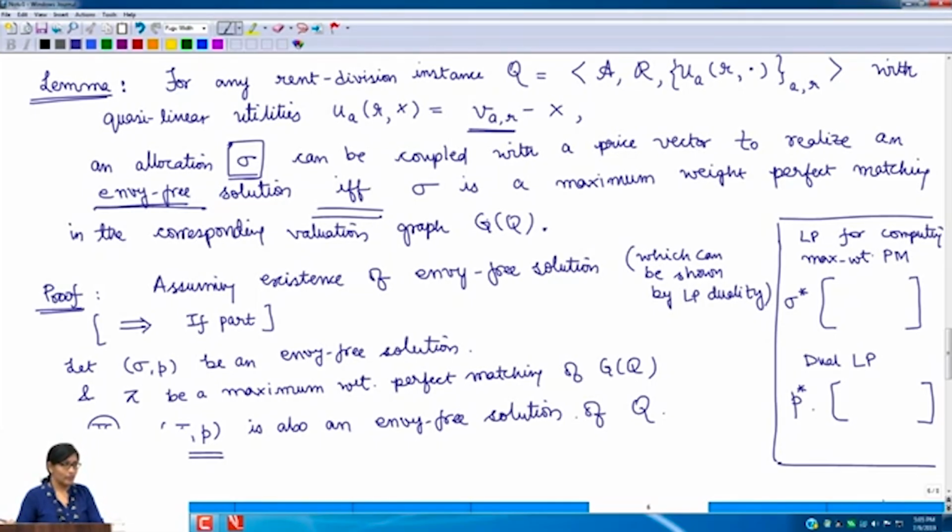You can also always assume that the existence is coming from another combinatorial lemma, the KKM lemma, and then I'm just trying to prove a characterization for envy-free solutions, and then having this characterization, I can always compute an envy-free solution as well.